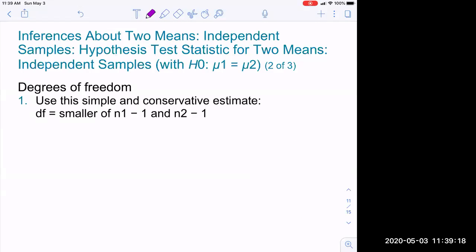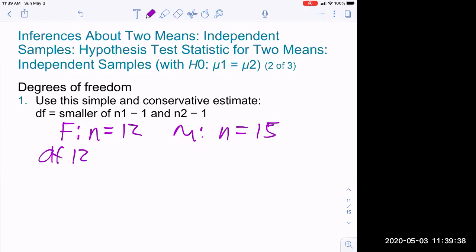So let's do our analysis. The N of females is 12. Excuse me, the N of males is 15. So we're going to use for our degrees of freedom the smaller, and that'll be 11.